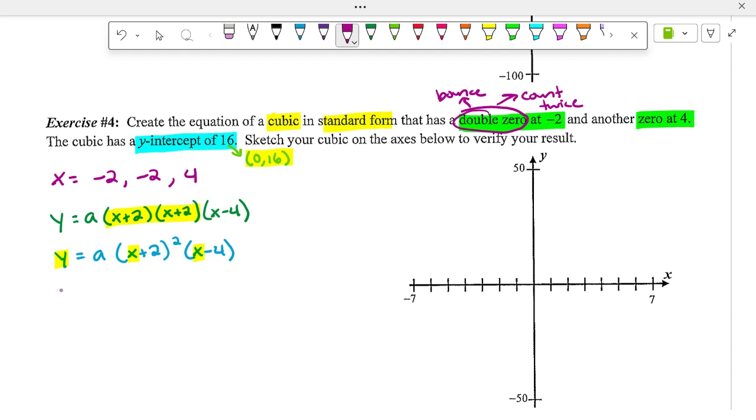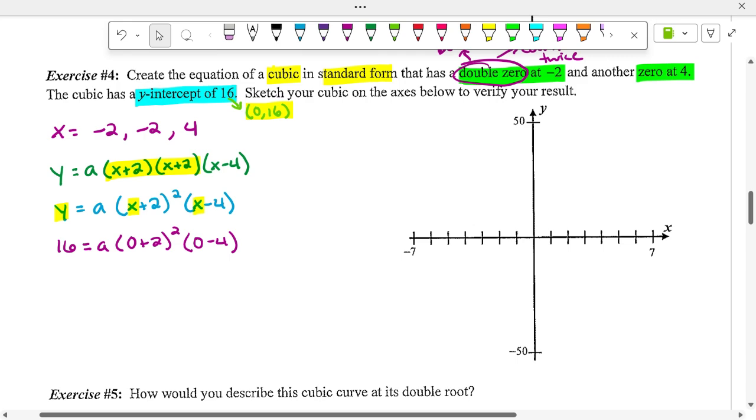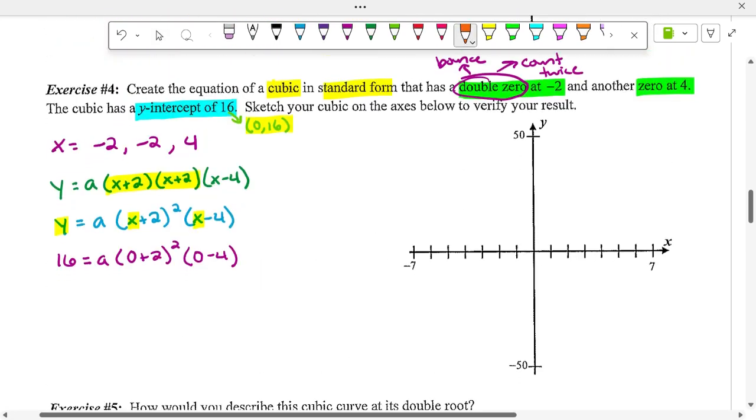So I'm going to have 16 is equal to a times 0 plus 2 squared times 0 minus 4. So what is 0 plus 2? 2. So I have 16 is equal to a times 2 squared.